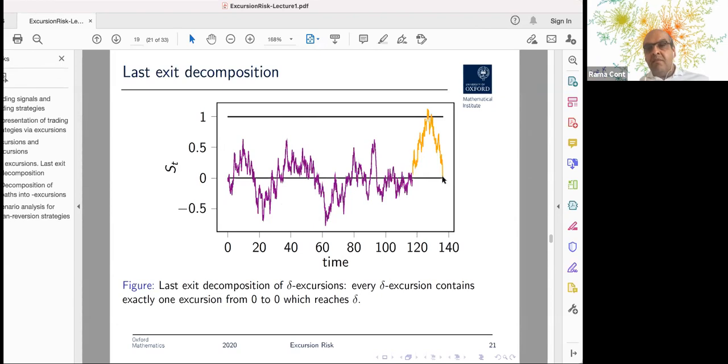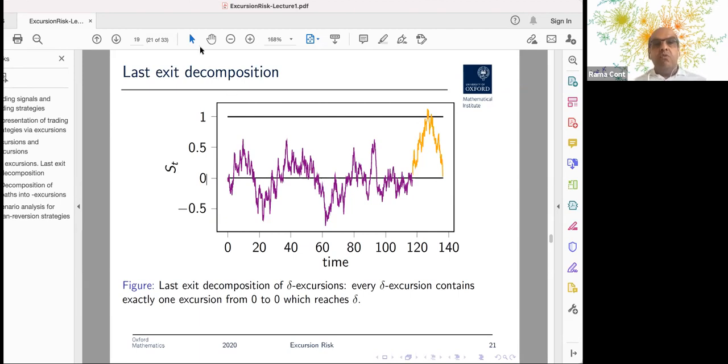You start from the end, you go back. At some point you reach delta, and then you go back from there, and the first time you reach 0 going backwards is the time t. And then what's before t is G. So the construction from the picture is easy. You go backwards and you detect one delta excursion going backwards, and then you stop. And then what's left is the first part G.